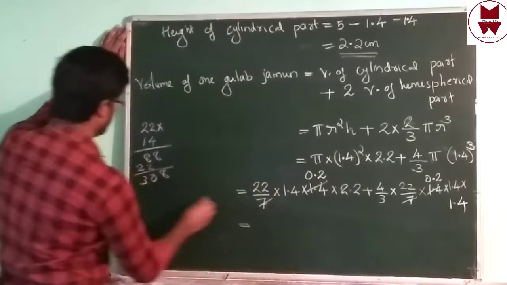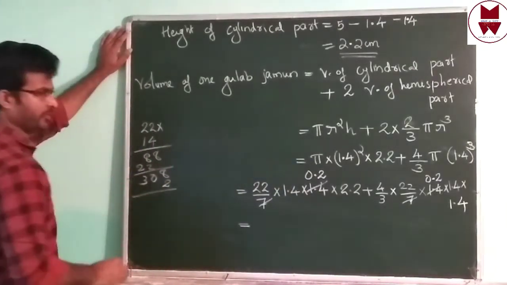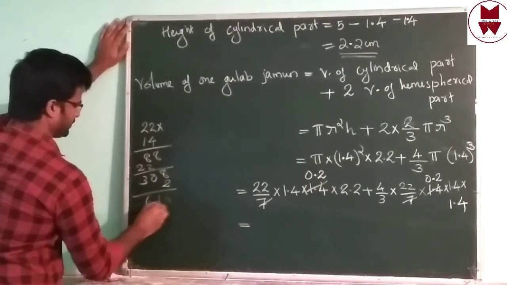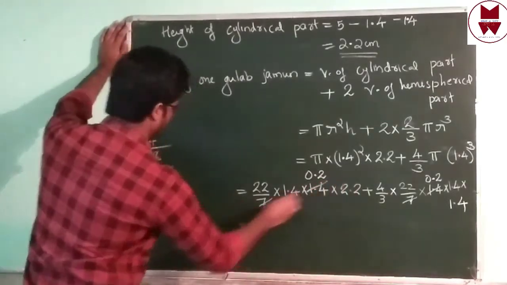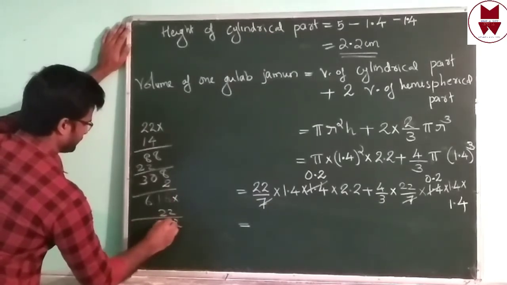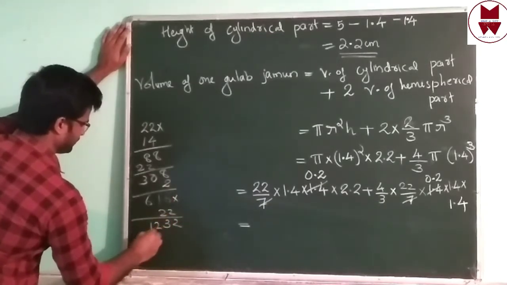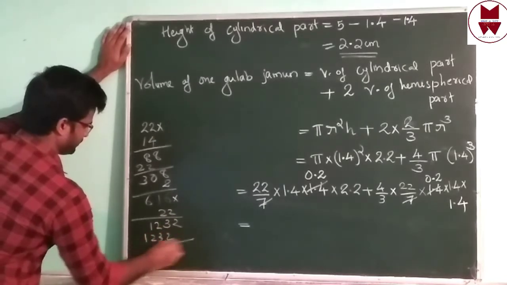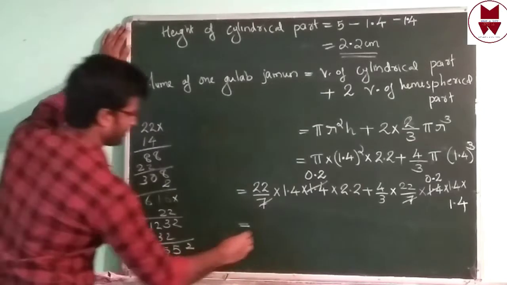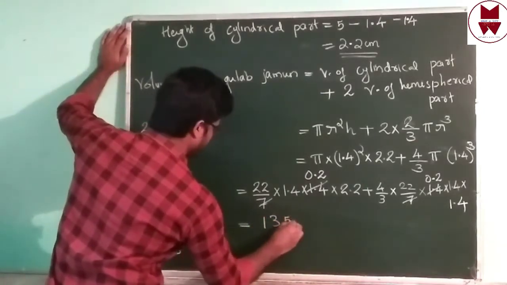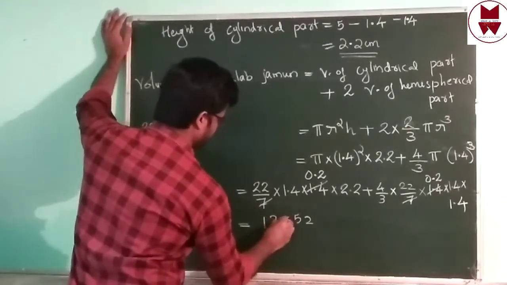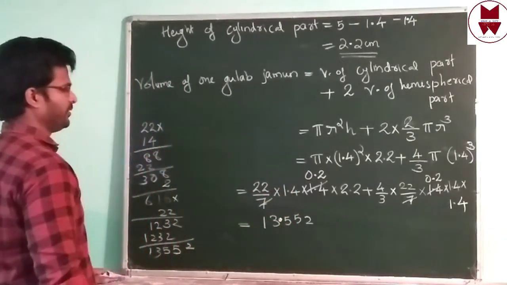Again multiplying by 2.2, 16 into 2.2... After the point there are 3 numbers here. You will get 13.552.